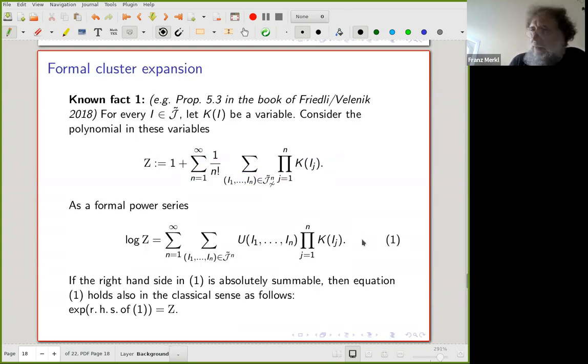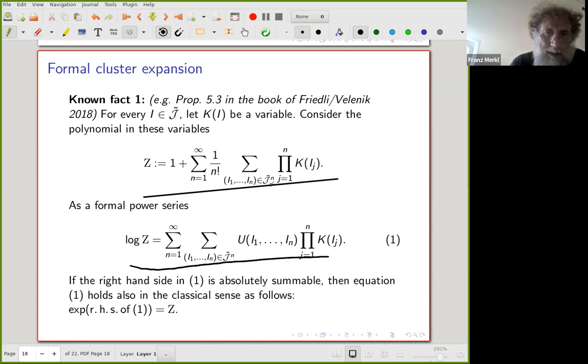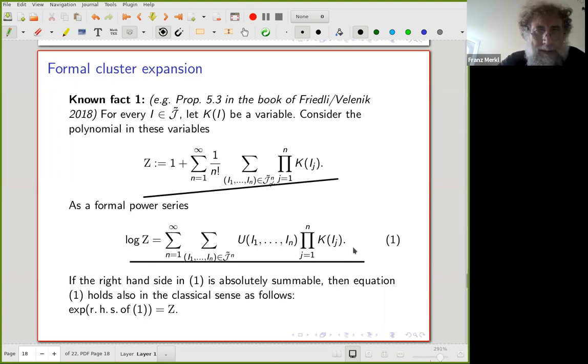Then, because I'm running out of time, let me go a little bit fast over this part. Then the partition sum in this very general model, this is a standard fact, has a formal power series as its logarithm, where the coefficients in there are just these Ursell functions.